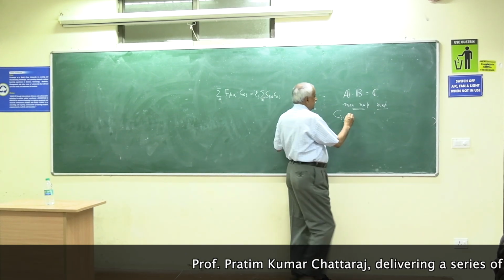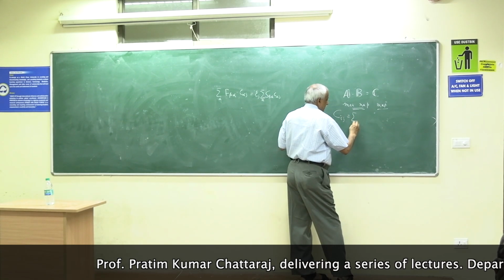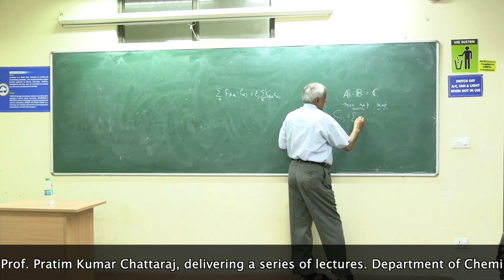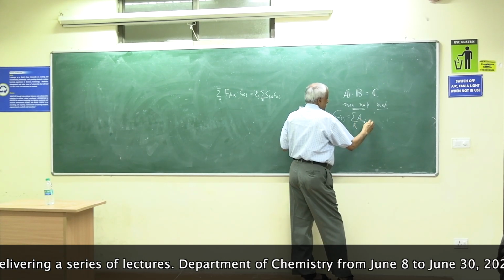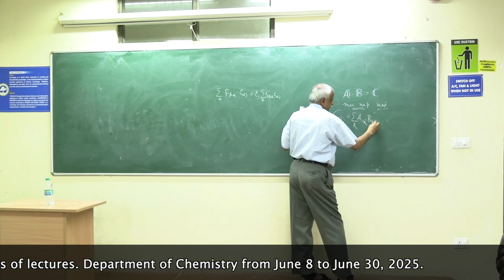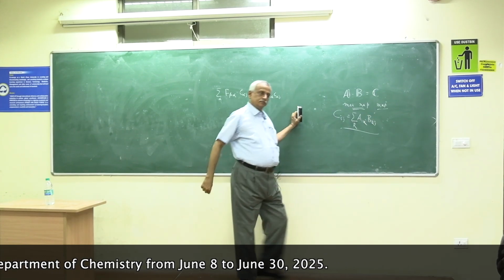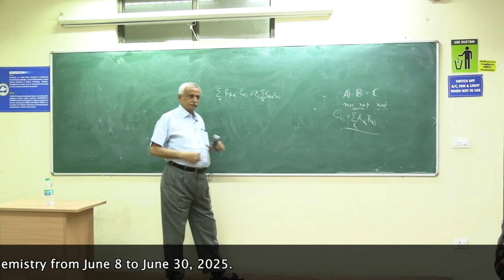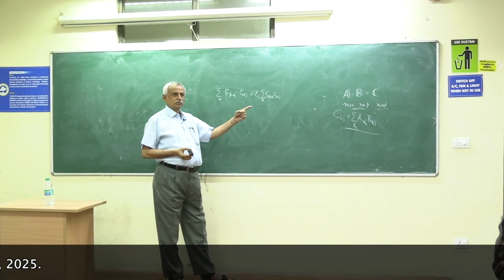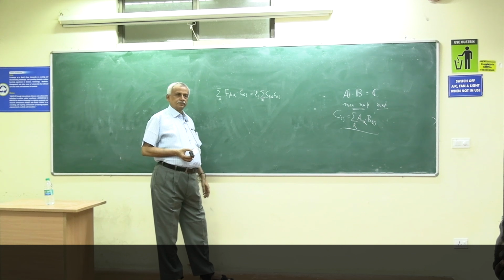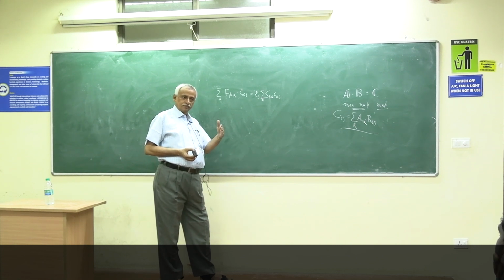That means C_ij is the sum over k of A_ik B_kj, isn't it? Do you follow? That is the way you do it.